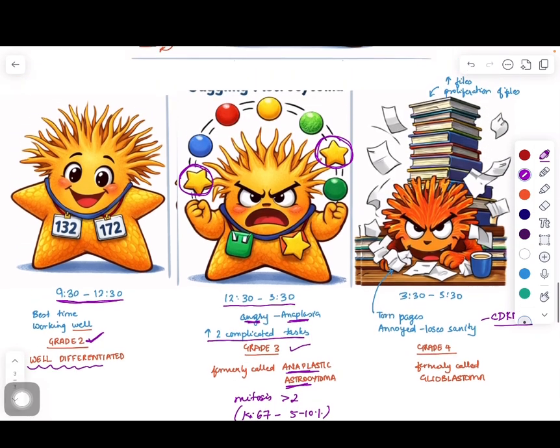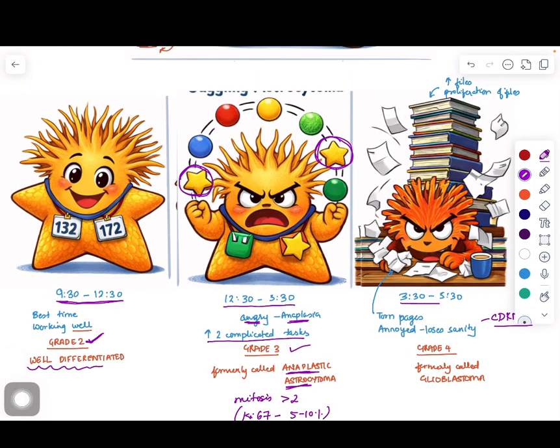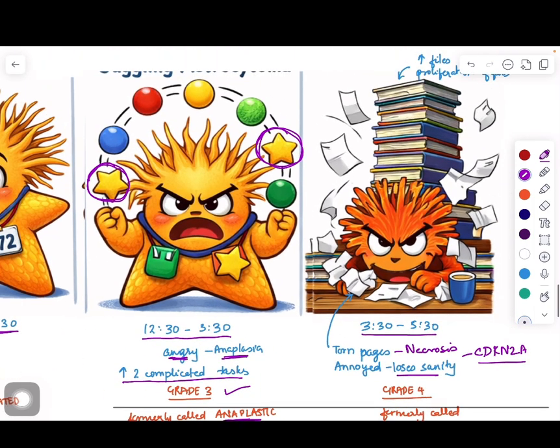Okay. Now by the end of the day, from 3:30 to 5:30, the work is exploding and the astrocytoma has lost its sanity and is tearing pages. These torn pages signify necrosis, and the amount of work has increased.